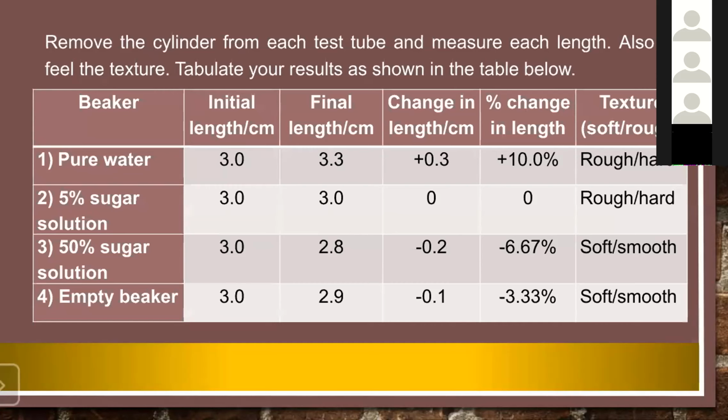Girls, let's move together. I've not gone to the empty beaker. I've stopped at 3. So pure water, 5% sucrose solution, 50% sugar solution. You're comparing the initial length of the tissue with the final length.